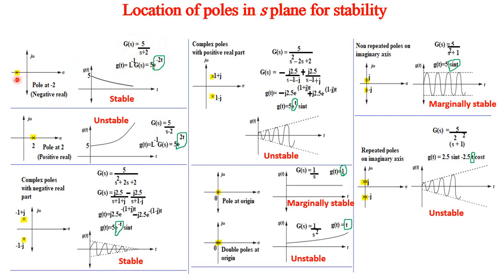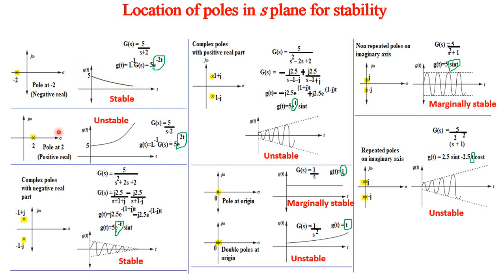Since the pole is negative real, there is an exponential decay term. Therefore, the exponential decay response g of t will be like this. Therefore, the integration 0 to infinity of modulus of g of t will be bounded, meaning that the system is stable.